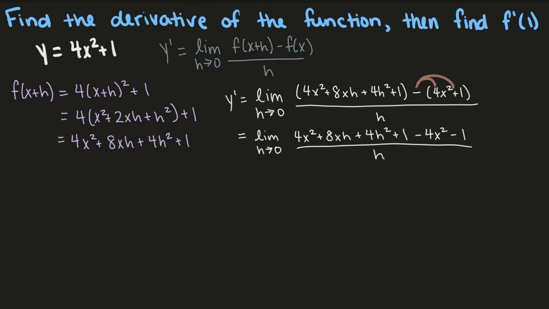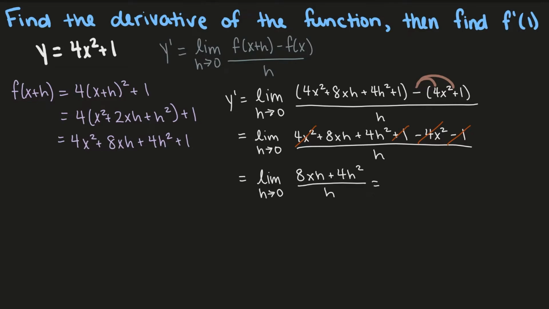We have some common factors here. So 4x squared and negative 4x squared will cancel. Positive 1 and negative 1 will cancel. So we're left with the limit as h goes to 0 of 8xh plus 4h squared all over h. We can factor out an h in our numerator.